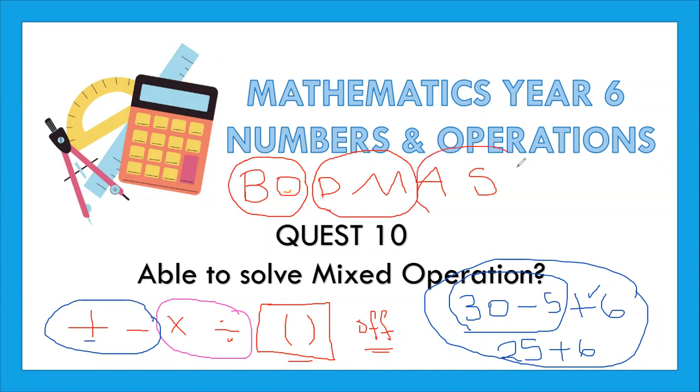And finally, addition and subtraction, you do it last. However, within division and multiplication, and within addition and subtraction, you follow the rule of left to right. Now, what is the rule of left to right? That means if you see subtraction first before addition, do the subtraction. If you see multiplication coming first before division, do the multiplication first.